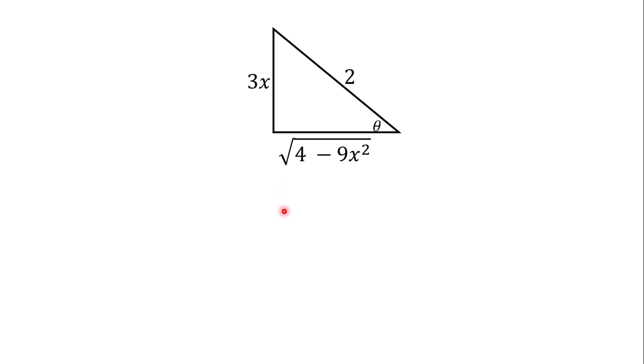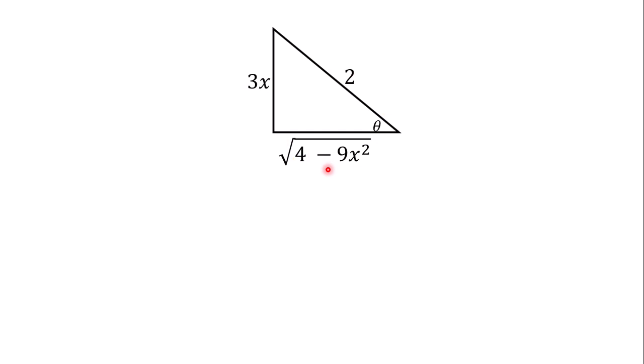Sine theta is opposite over the hypotenuse, cosine is equal to adjacent over the hypotenuse, and tangent is equal to opposite over the adjacent.